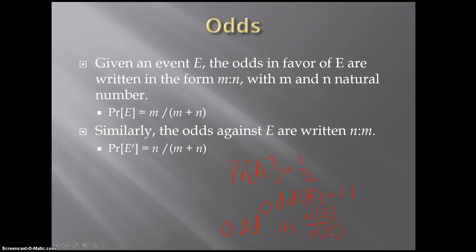I'm not sure if the book does a really good job of explaining that, but the probability is 1/2. The odds would be 1 to 1. So notice the denominator for odds is not the sample space.